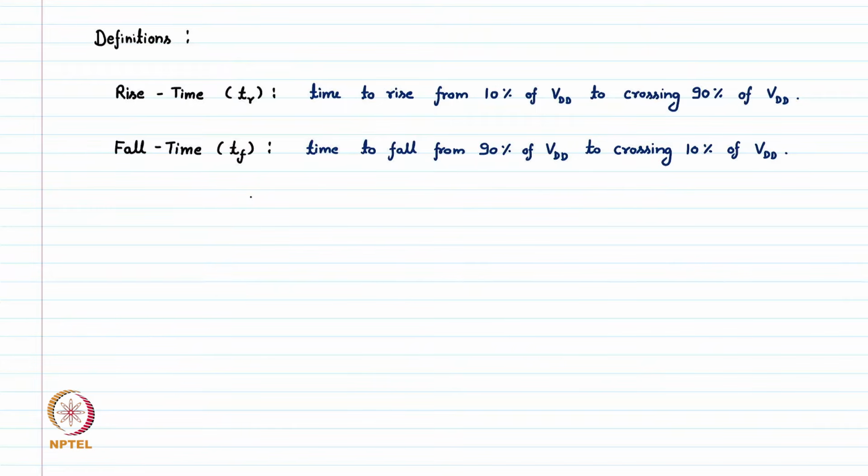And there is a single parameter to measure both of these, which is called the edge rate. T rise fall is nothing but the average of both of these rise and fall times, T rise plus T fall divided by 2. So this is called the edge rate.